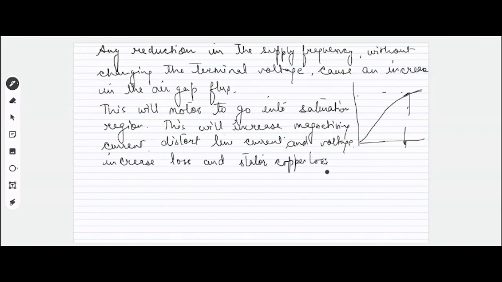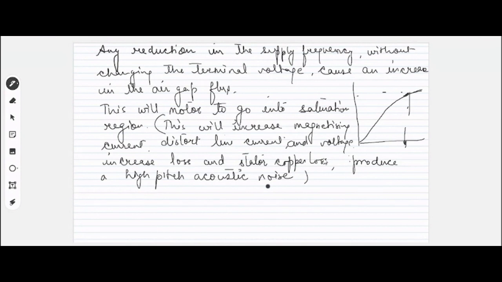It will also produce a high-pitch acoustic noise. So this will happen if we reduce the supply frequency without changing the terminal voltage. These losses will occur, and this will happen to the motor.